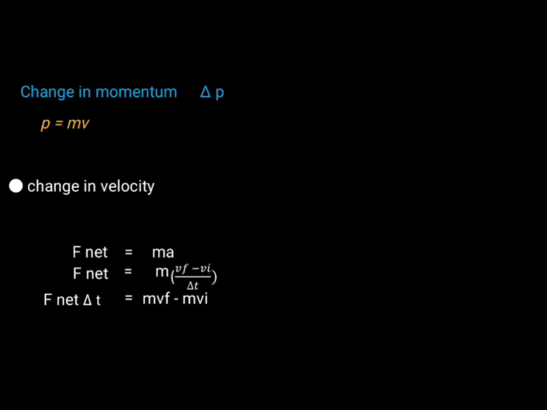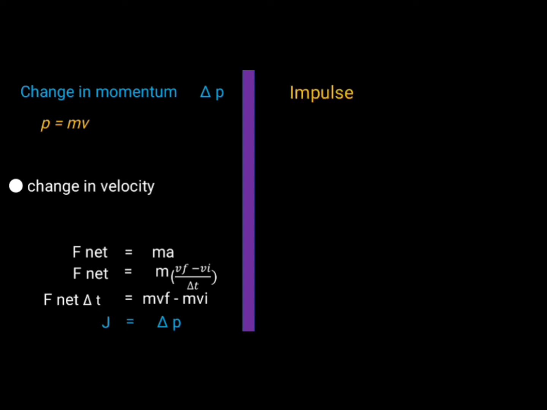Final momentum minus initial momentum will give us the quantity change in momentum. The quantity F net delta t is given a special symbol J. And we say J is equal to delta P, where J represents the impulse of an object. So impulse J is equal to change in momentum.